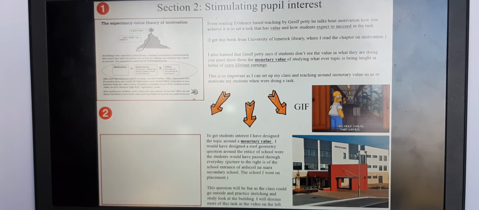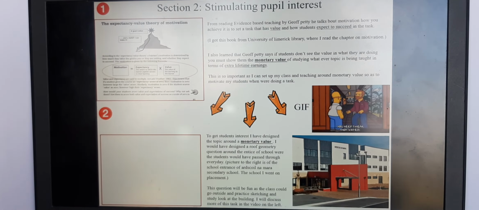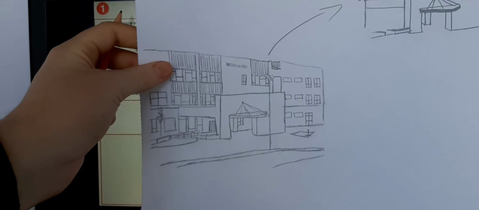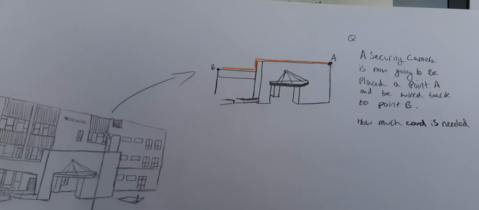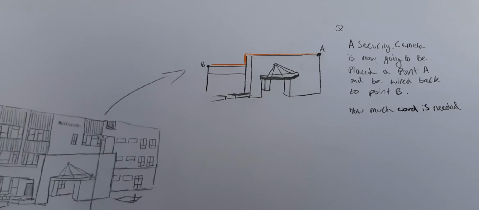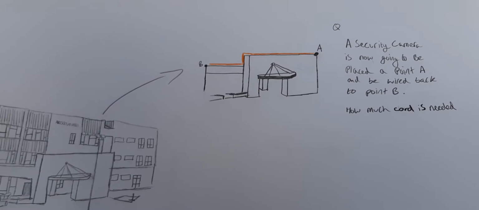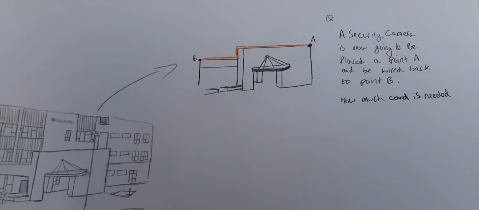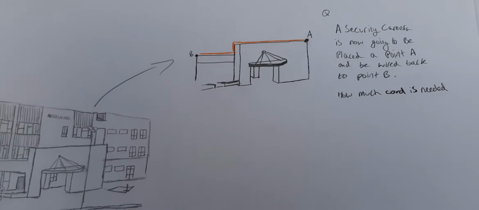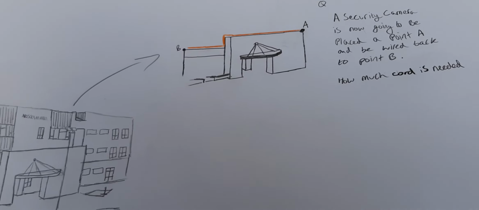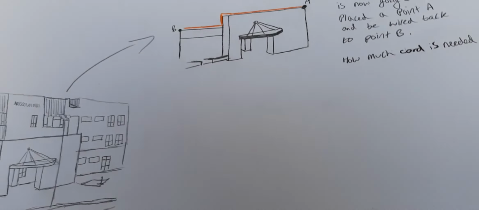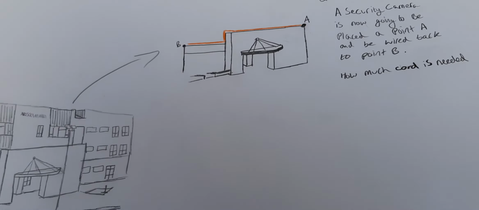So if students go outside, are motivated to do the task, and see the point of the task and how it's beneficial, they can do the true shape of the roof for the entrance of the school and find how much cord is needed. I don't want to keep saying the same thing and make this video longer, because I know I'm going to have a good few videos in this portfolio.